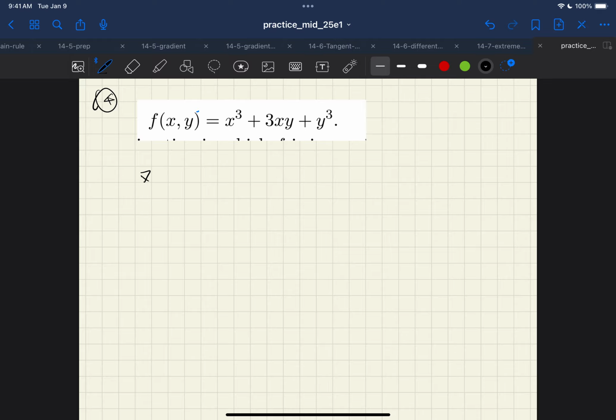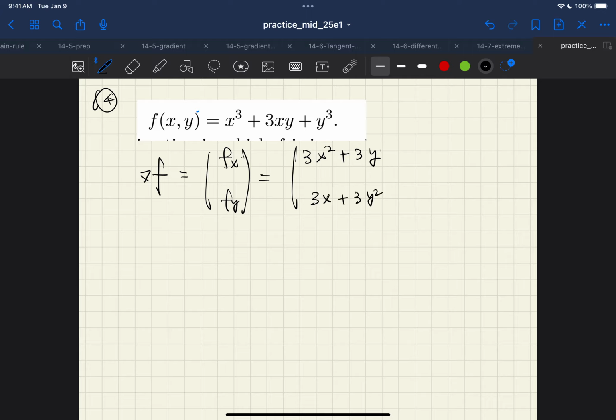So we still want to find gradient f, which is fx, fy. It's a 2D vector because there are two independent variables. And fx is 3x squared plus 3y. And fy is 3x plus 3y squared. And I want to put in P0.